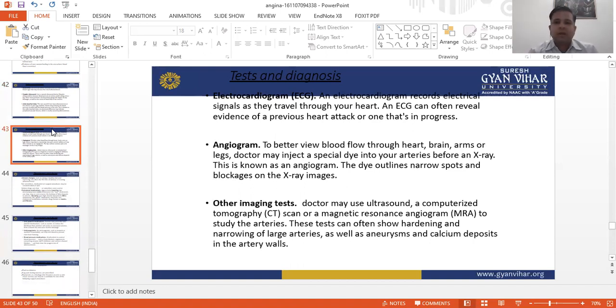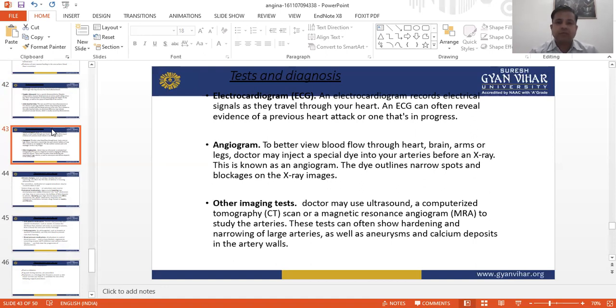Electrocardiogram. An electrocardiogram records electrical signals as they travel through your heart. An ECG can often reveal evidence of a previous heart attack or one that's in progress. Angiogram.